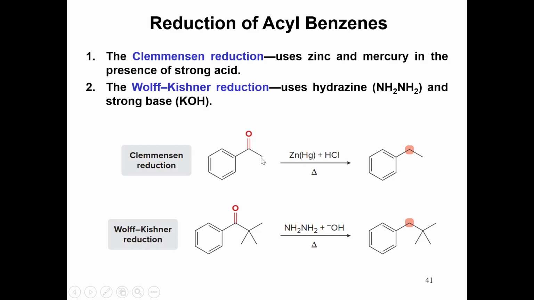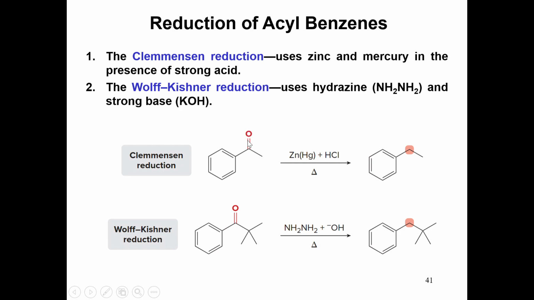The ketone is the alkyl, CH3 and benzene here. This ketone can be reduced by zinc-mercury alloy plus HCl, strong acid condition, at a relatively high temperature.